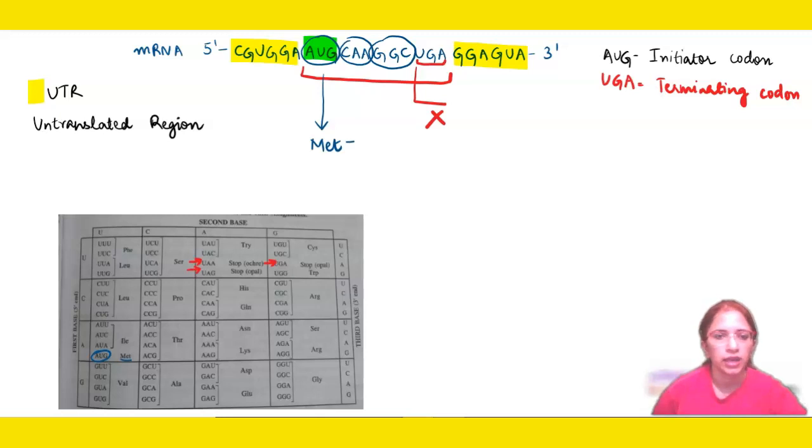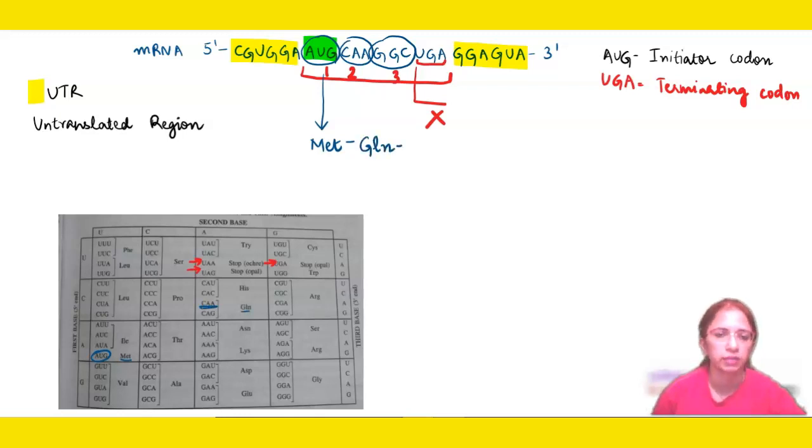Okay, next codon, our second codon is this one. So this one was our first, this one is our second, and this one is our third. So CAA, our next job is to find CAA in the table, and here we go. This is our CAA, and it is coding for glutamine.